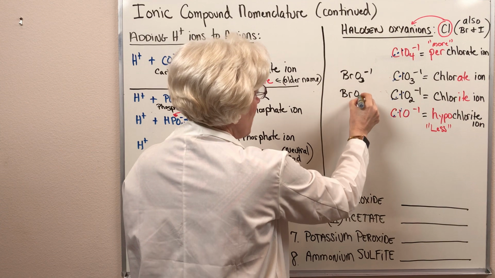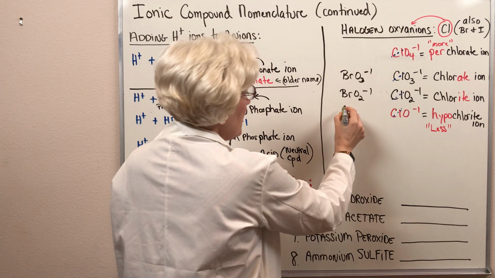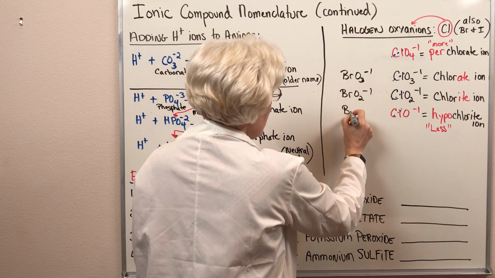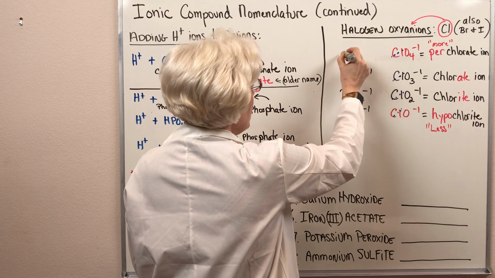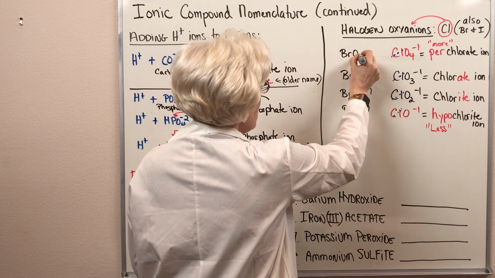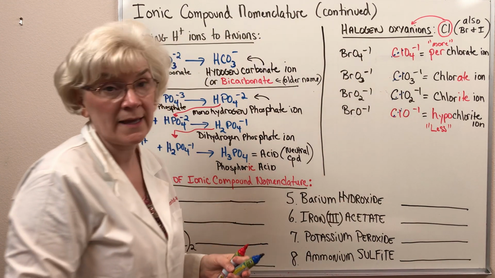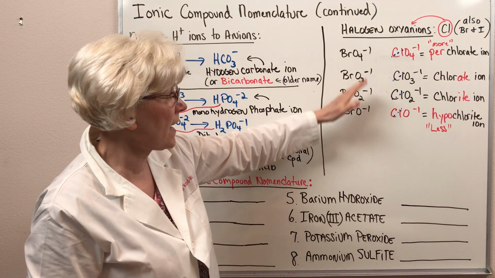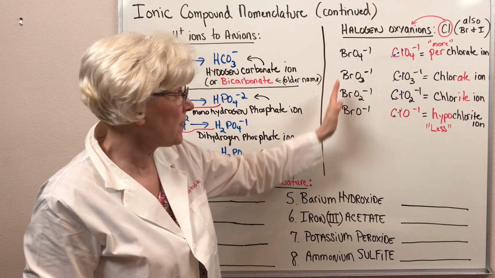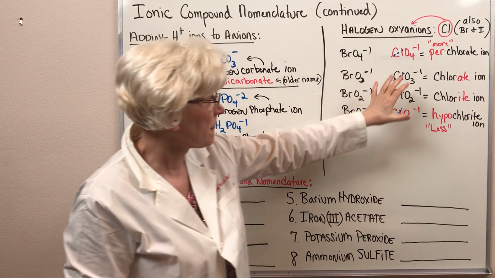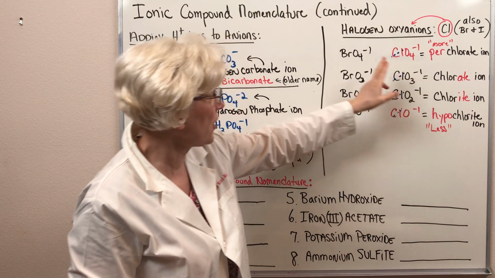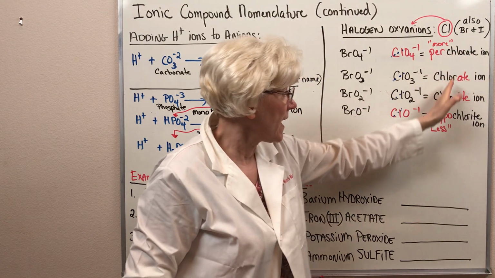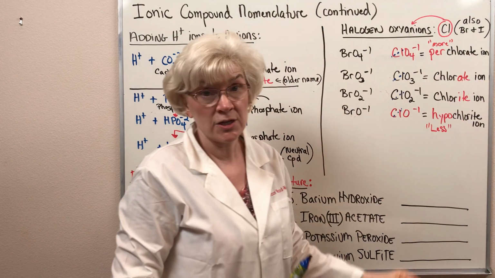Here is the bromite anion. Here is the hypobromite anion. And then we can write the perbromate anion. So we can form a whole series of oxyanions involving bromine in combination with oxygen. Same formula and charge, just replacing the chlorine with the bromine and making the corollary change in the name as a result.